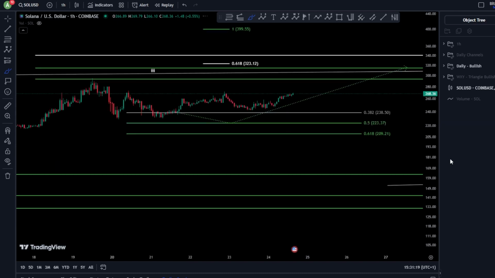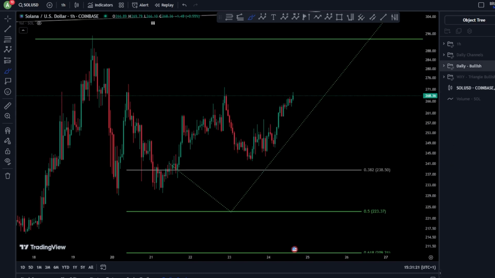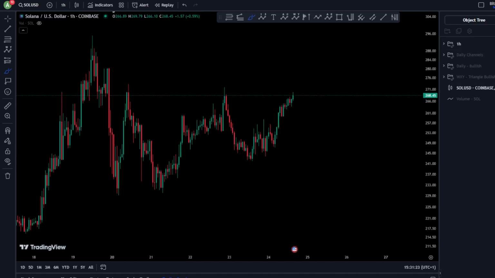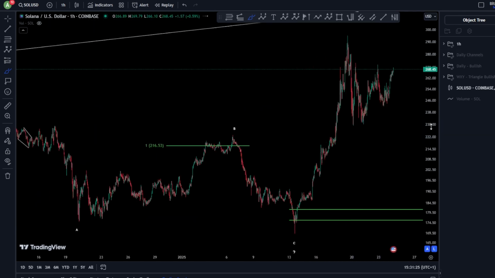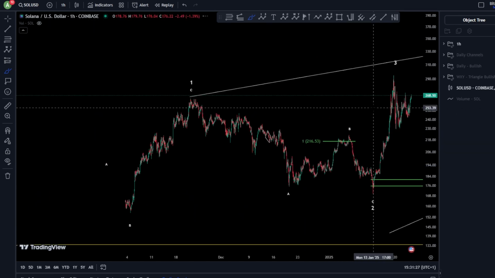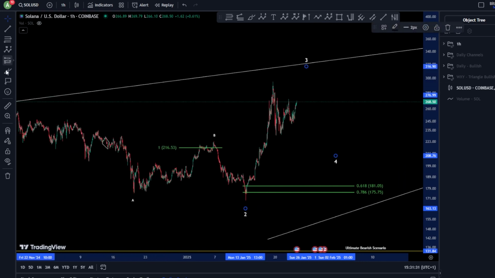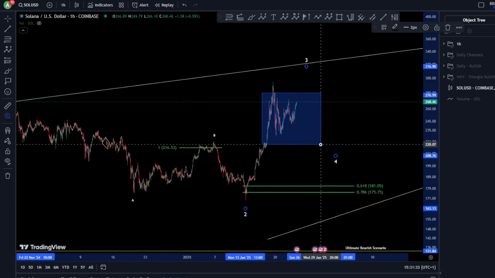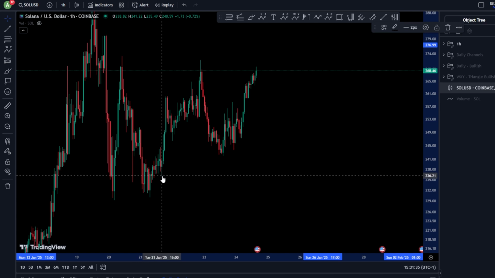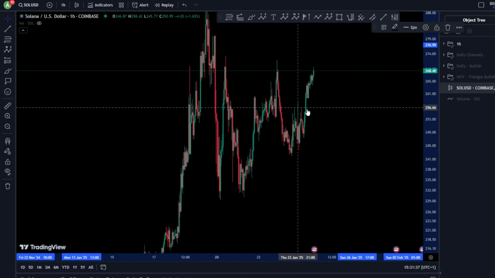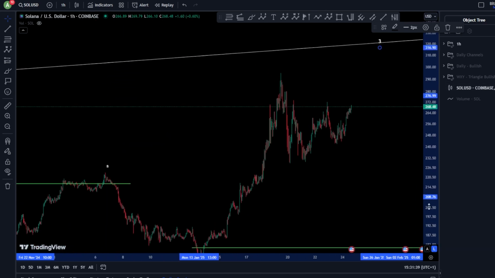If we take a closer look at the health of this move toward the upside on the 1-hour chart, we can see this wave 3 still unfolding. We have the start of an impulse where we see 1, 2, 3, 4, 5 for a wave 1, and then 2, 3, 4, 5.